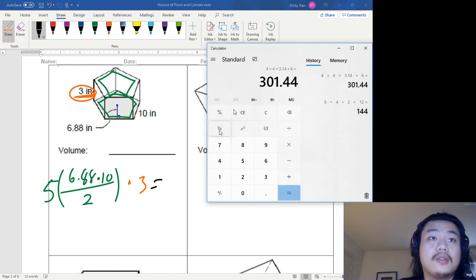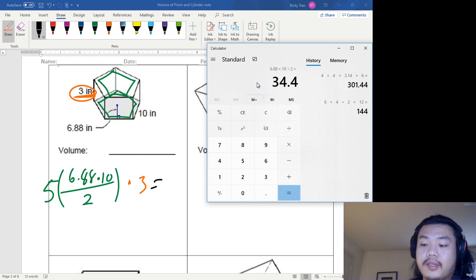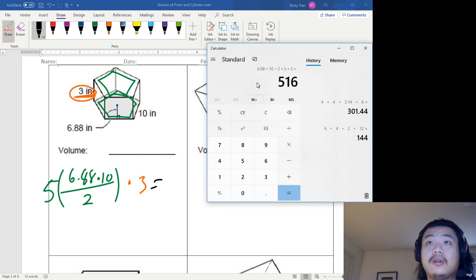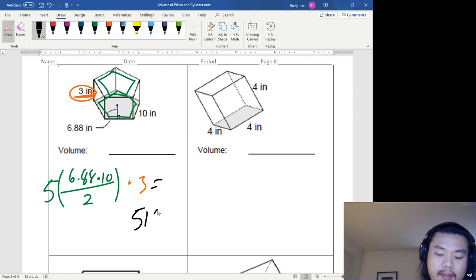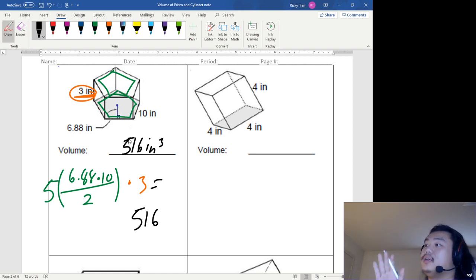So we put it in the calculator: 6.88 times 10 divided by 2 times 5 times 3. 516 inches cubed. Easy, simple.